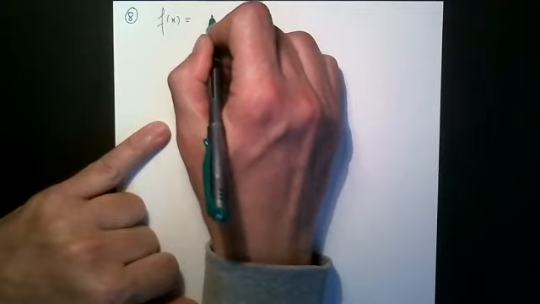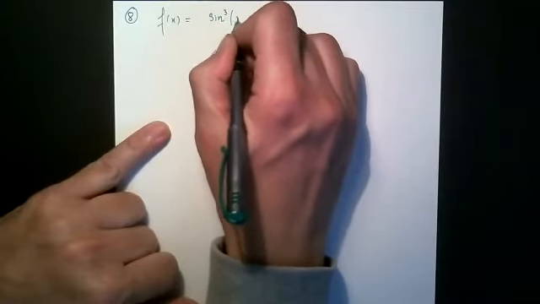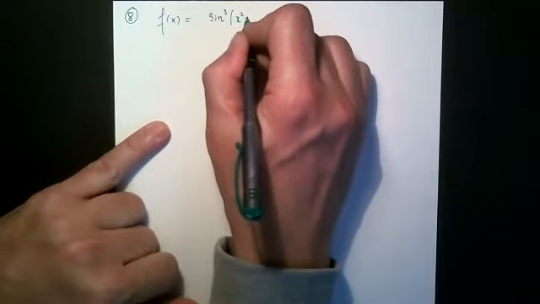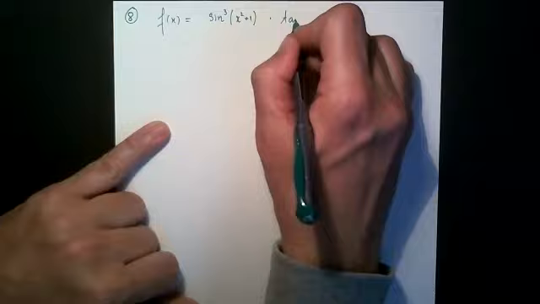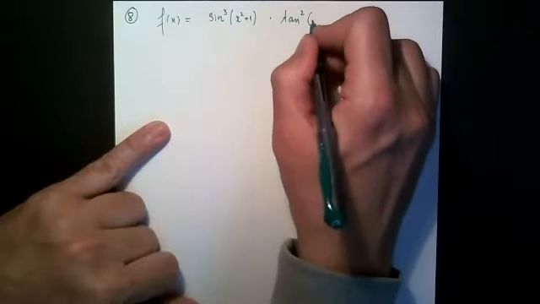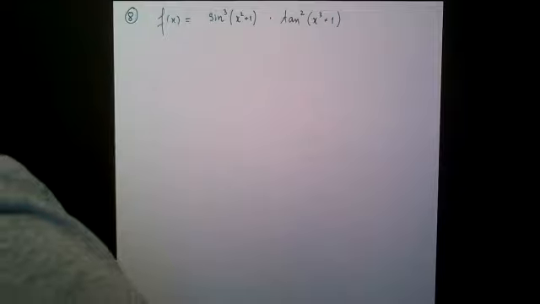Let's say sine cubed of x squared plus 1 times tangent squared of x cubed plus 1.